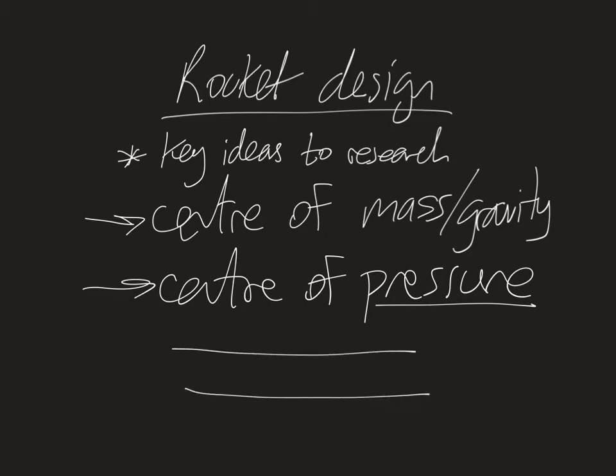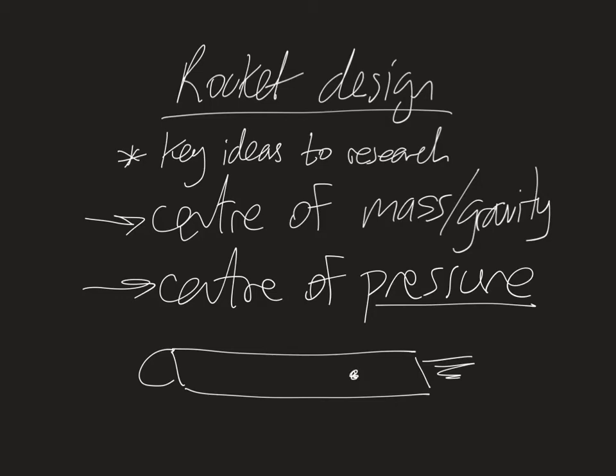So if this is your rocket tube and this is the engine here, you'll have some sort of nose cone given to you at the time, but the fins need to be such that you keep the center of pressure point behind.